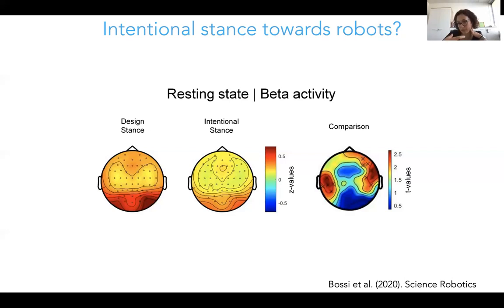So default mode network. They knew that this was default mode network because that was from fMRI. And that correlated with this kind of activity. So our results are in line with that literature and show that indeed this default mode network then predicted participants' responses to the questionnaire.